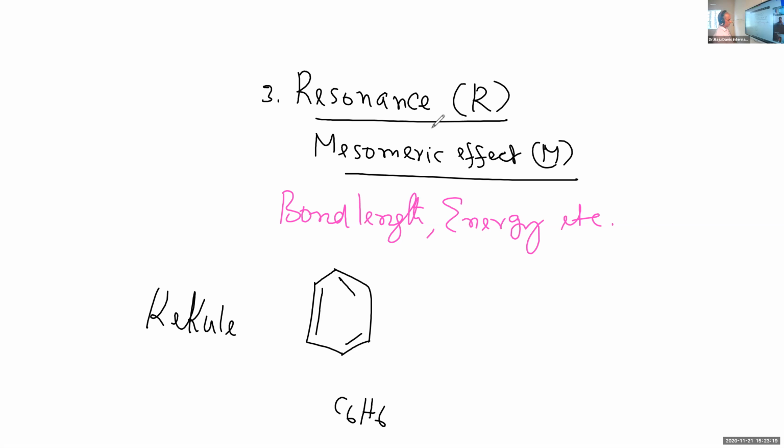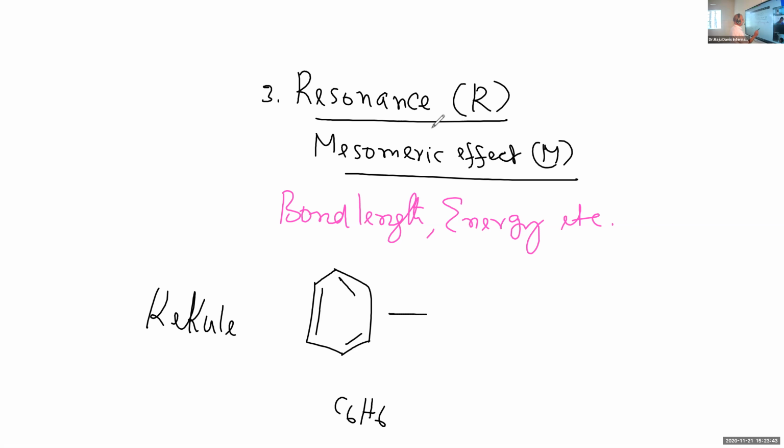Benzene is highly stable. It is not that reactive. It cannot decolorize bromine water or potassium permanganate solution immediately. All these properties cannot be explained with the help of this single Kekulé structure.